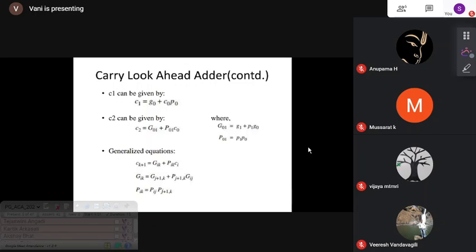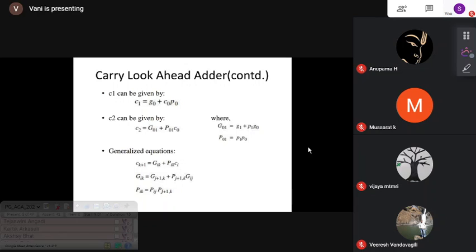Else, it is high if carry is propagated from the first two blocks, block 1 and block 2, and if C0 is high. So this is the equation given for C2 and so on, where G01 and P01 are given by the equation G1 plus P1 G0, and P01 is given by the equation P1 into P0.